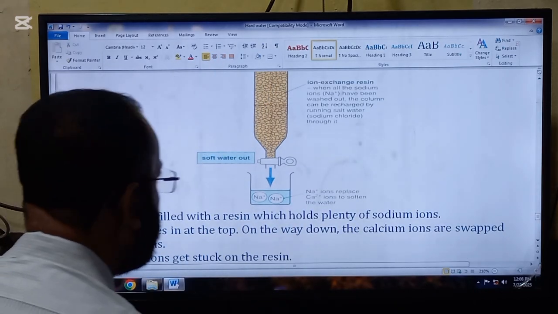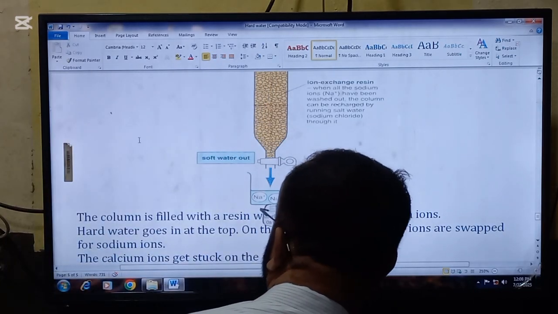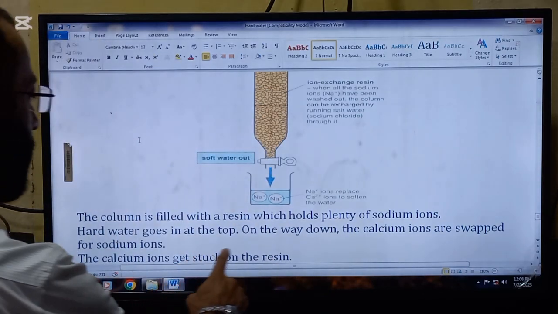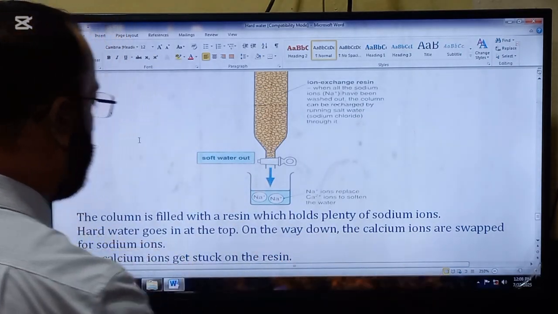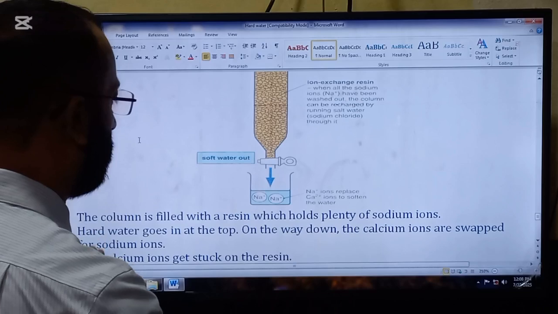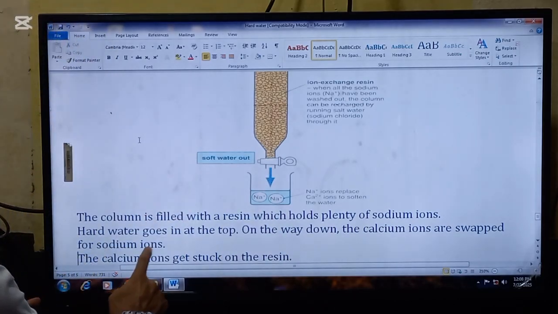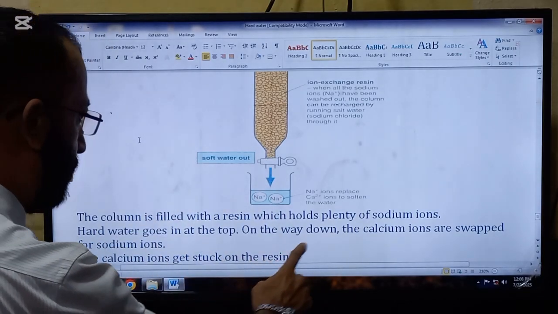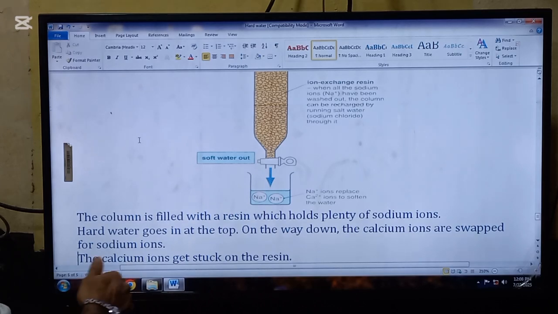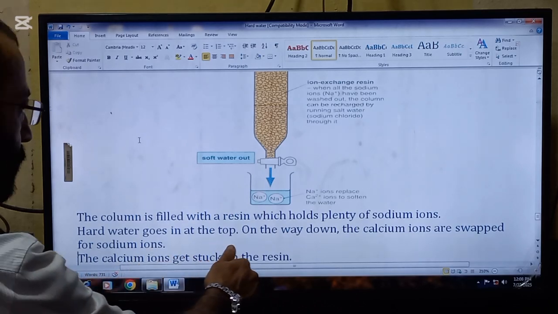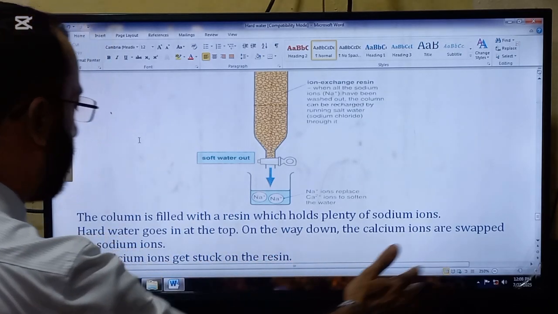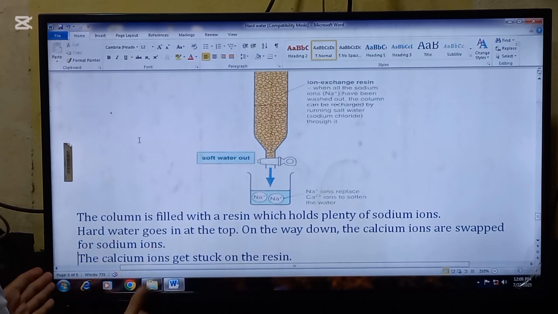The column is filled with resin which holds plenty of sodium ions. So this is the explanation of this procedure. Hard water goes in at the top. On the way down, the calcium ions are swapped for sodium ions.